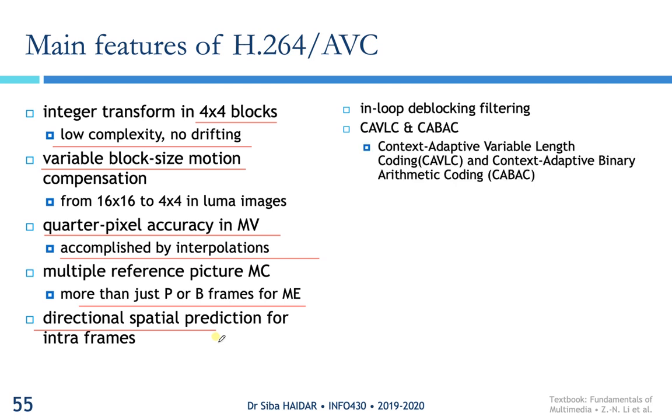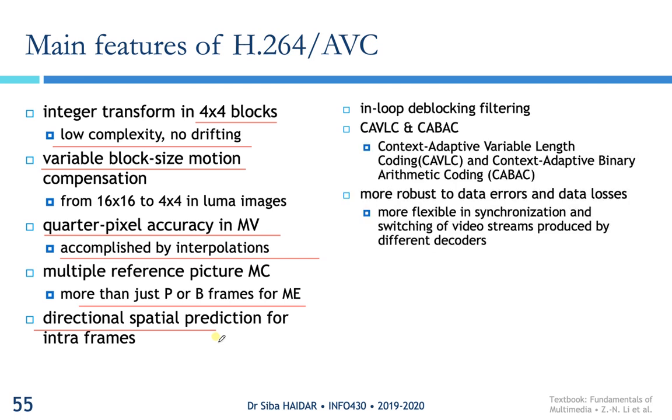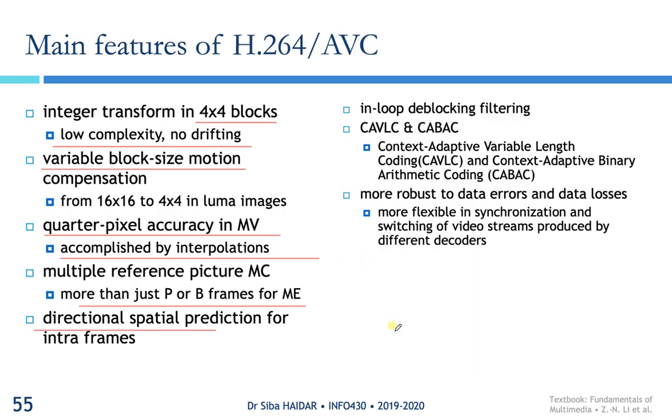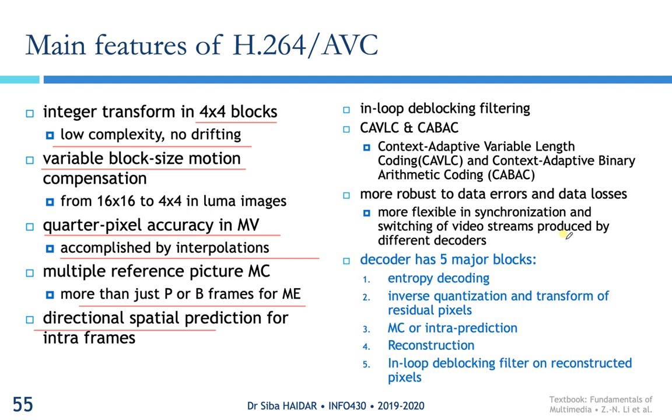The in-loop deblocking filtering, and there is variable length coding, context adaptive, and context adaptive binary arithmetic coding. And it is more robust to data errors and data losses, more flexible in synchronization and switching of video streams produced by different decoders.